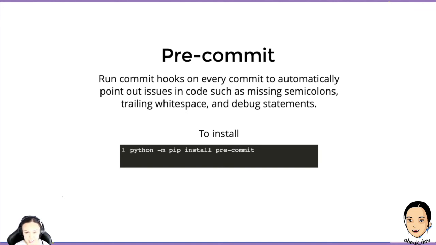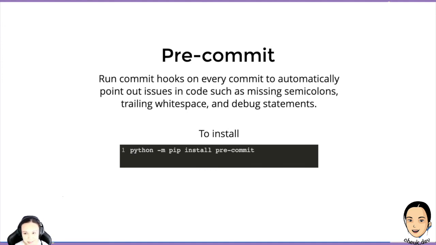So one way to avoid it is to set up a pre-commit hook. So what is it? When you push your code in, I assume that you know what a commit is. You have to commit your changes before you push it to GitHub using Git. So this pre-commit hook is a code snippet, you can think of a hook as a snippet that will run before you commit your code.